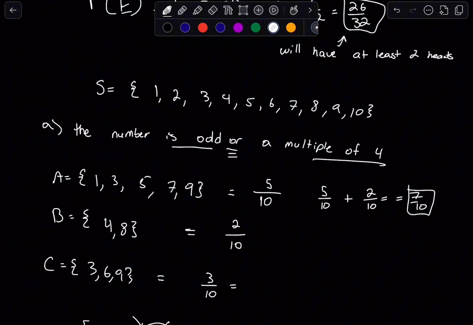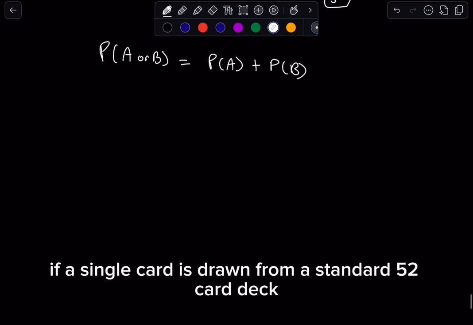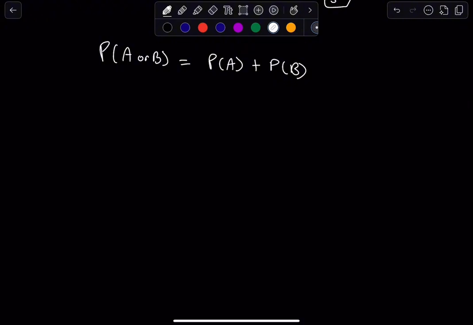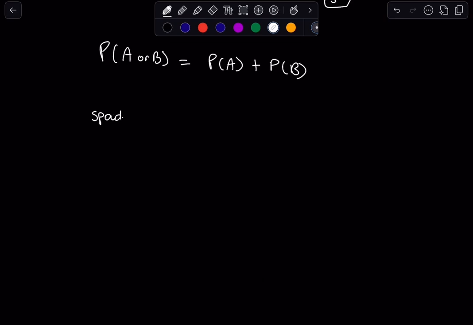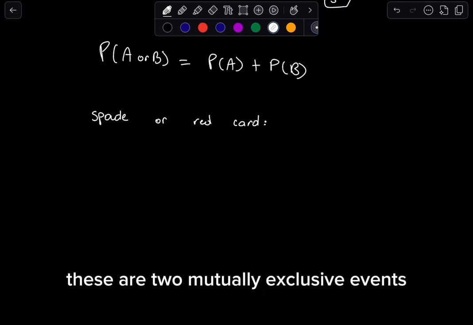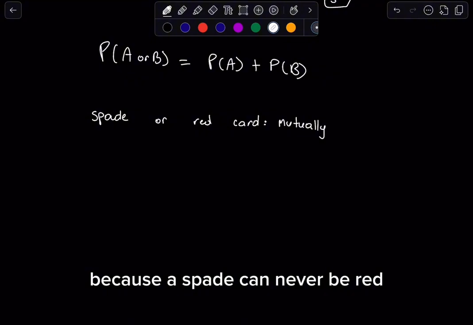If a single card is drawn from a standard 52 card deck, what is the probability that it will be a spade or a red card? Spade or red card. Well, what can we tell? These are two mutually exclusive events, because a spade can never be red.